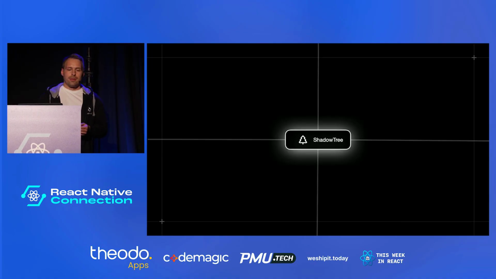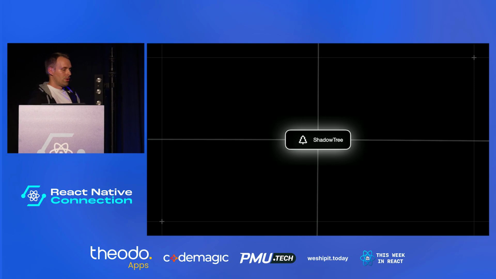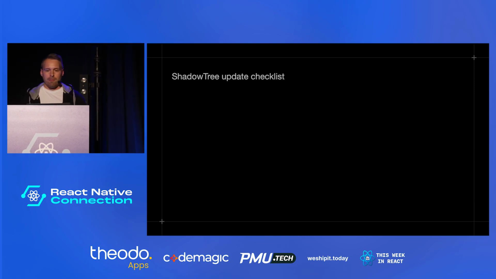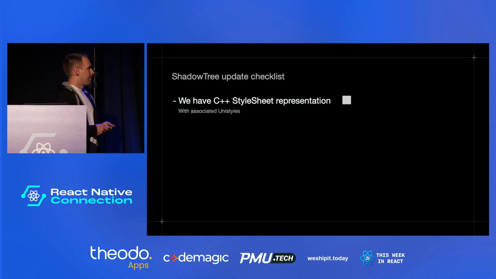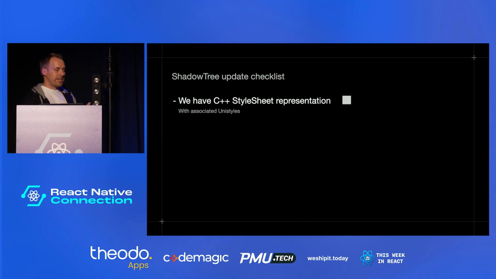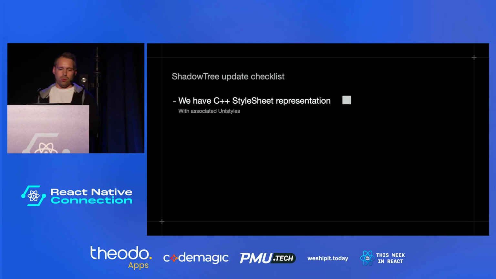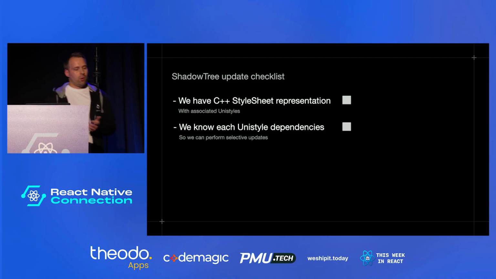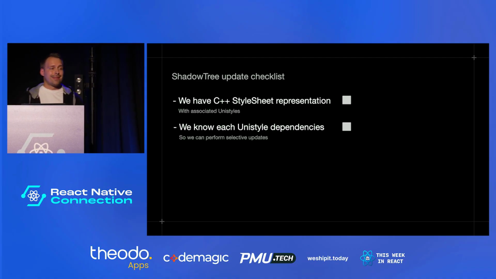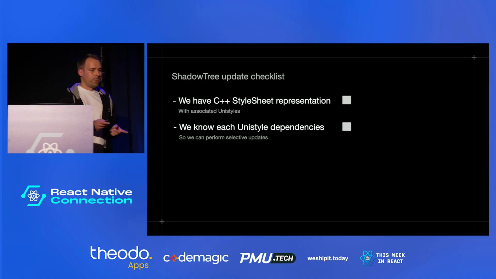OK, so let's talk about shadow tree. This is the real example. So let's check what we've done. We have style sheet representation on the C++ side, and each style sheet contains multiple styles called Unistyles. We also know each Unistyle and style sheet dependency, so we can perform selective updates.